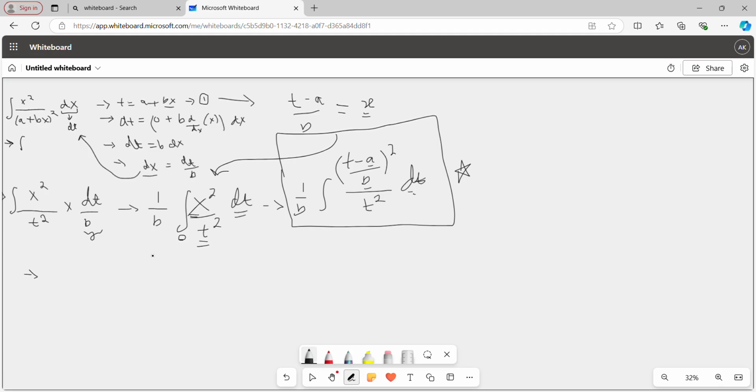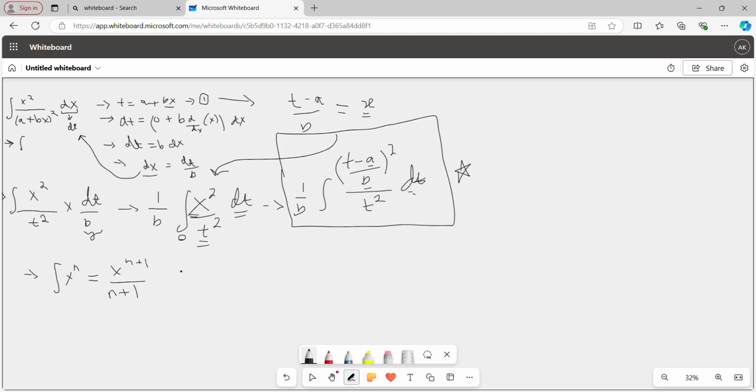To continue this integration, I'm going to write here a few rules. Integral of x to the power n is equal to x to the power n plus 1 by n plus 1.